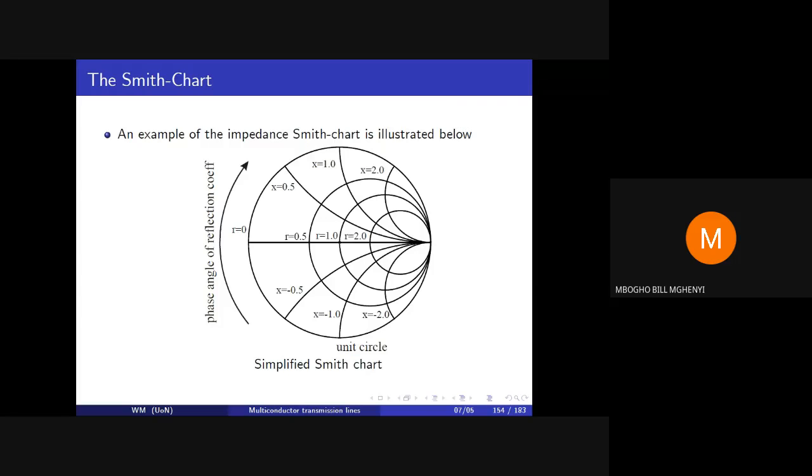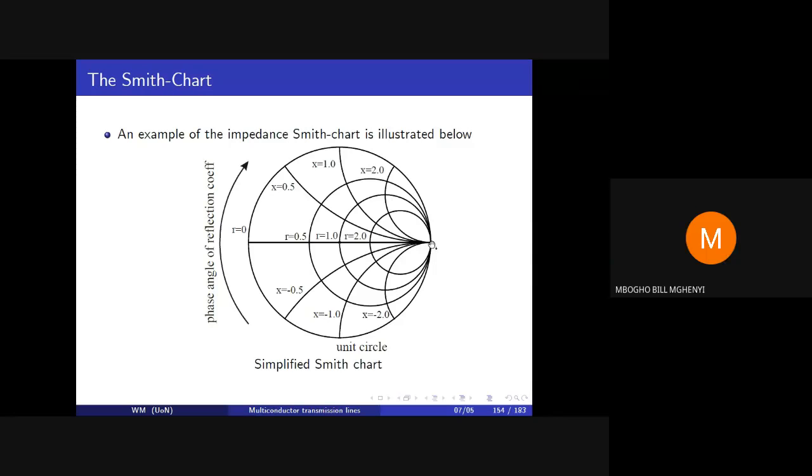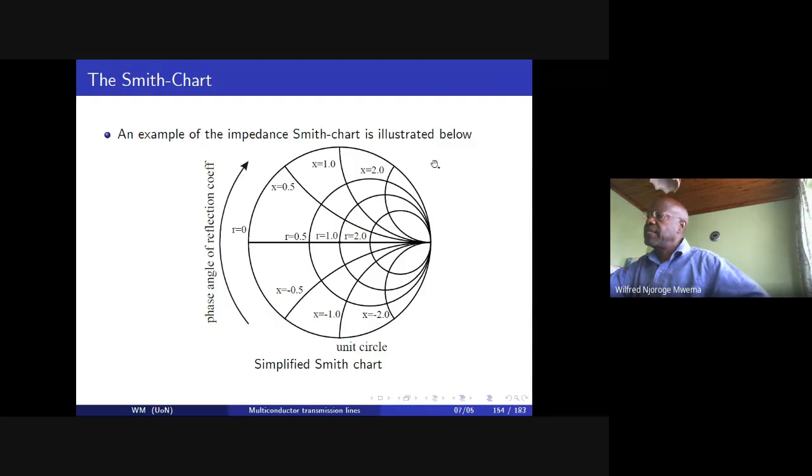Oh, yes. So the reason why it's like that is because when the center is at, say, XL equal to 0, the radius will be infinite.